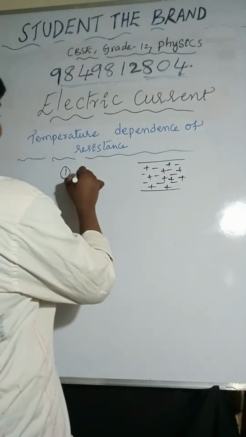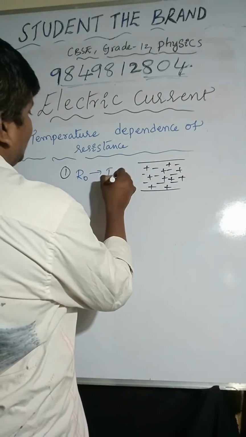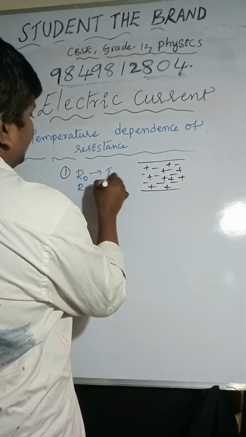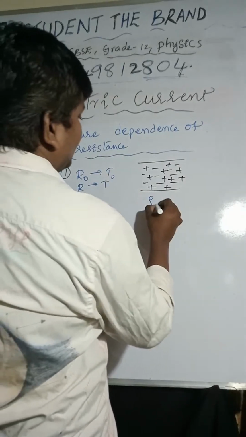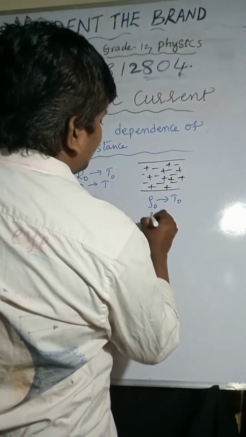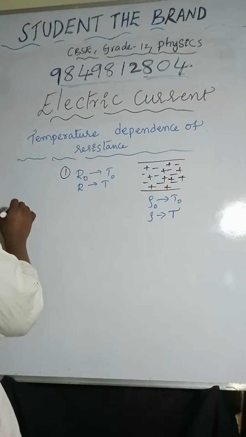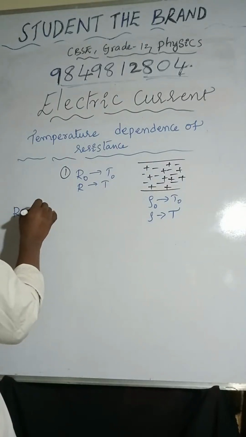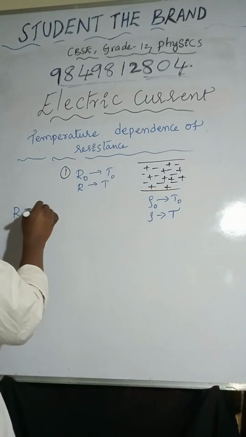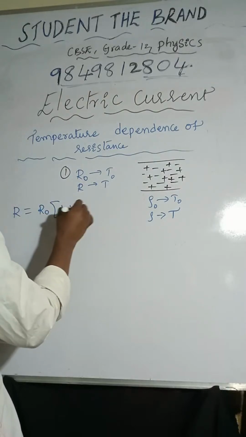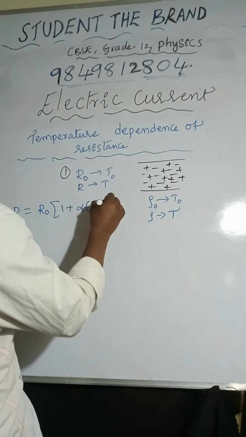R naught is at temperature T naught, R is at temperature T, and likewise rho naught at T naught, rho at T. Now R equals R naught into 1 plus alpha into T minus T naught.